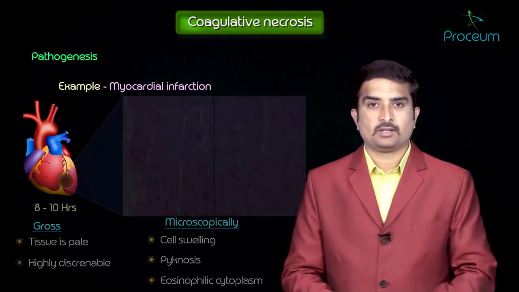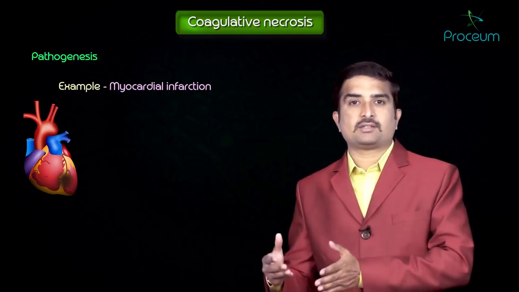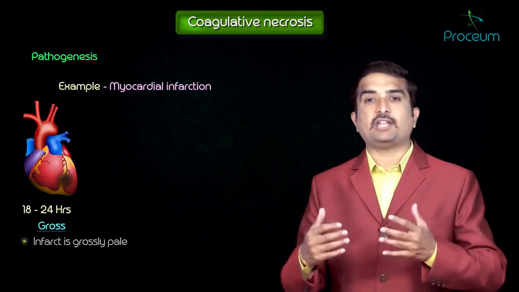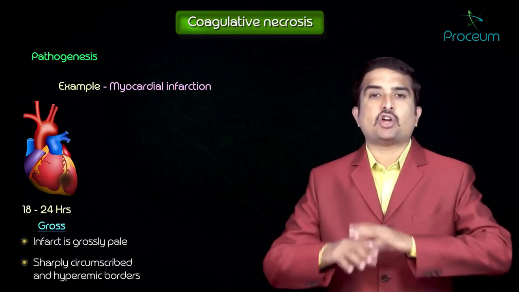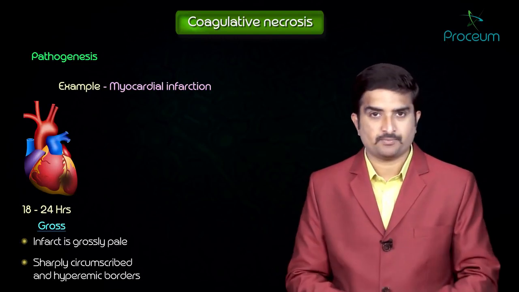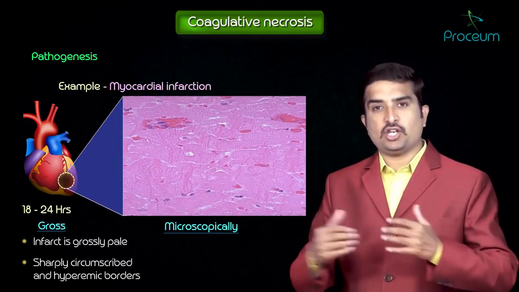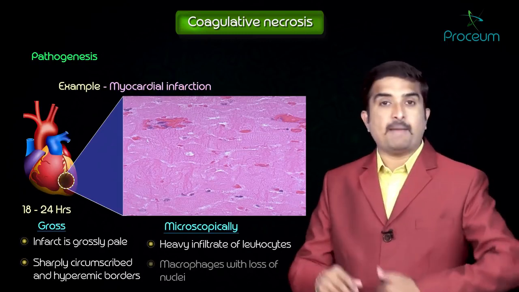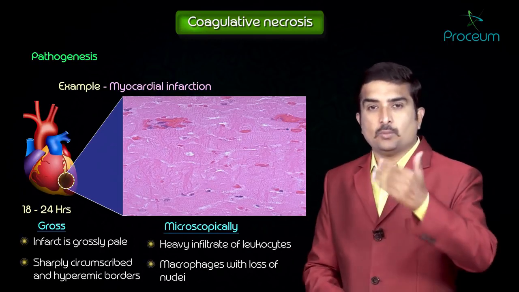As time progresses, up to 18 to 24 hours, the infarct is grossly pale and sharply circumscribed and hyperemic borders are present. Microscopically, a heavy infiltrate of leukocytes and macrophages is seen with loss of nuclei.